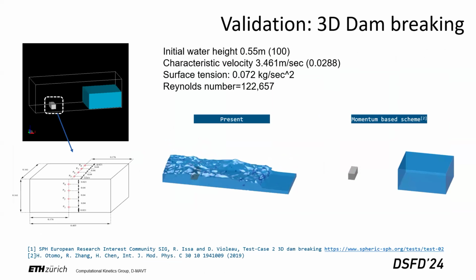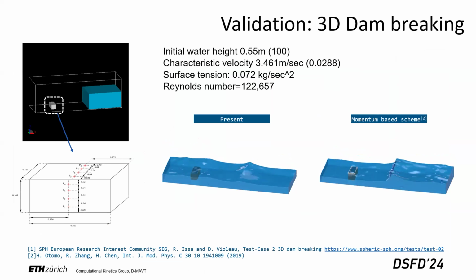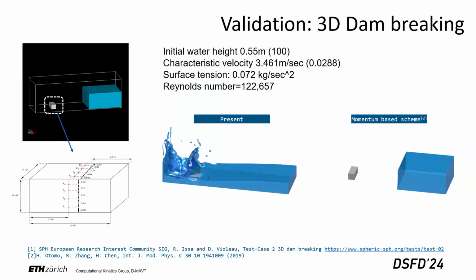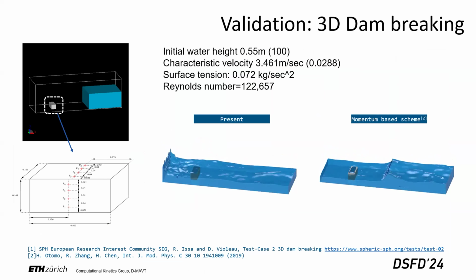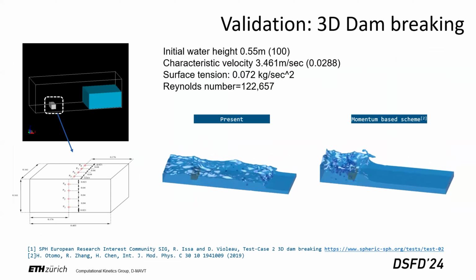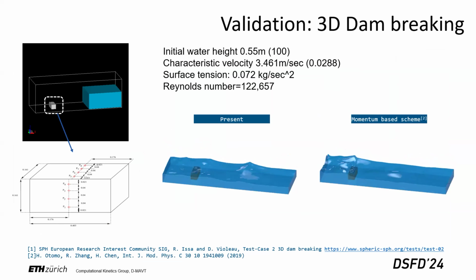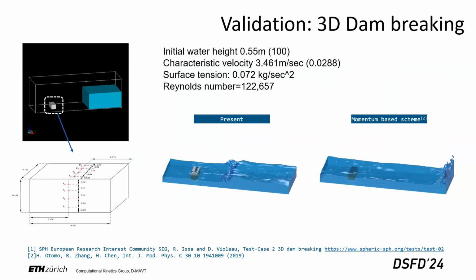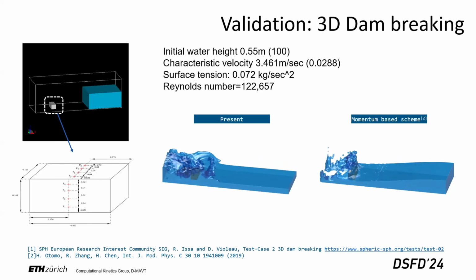So this is a dam breaking case with an obstacle. As we see, there are more dissipative phenomena after hitting the obstacle with the momentum-based scheme. But with the current scheme, we have a much more obvious splashing pattern.